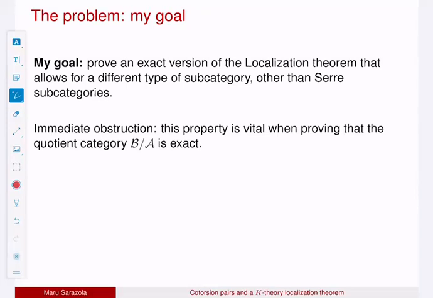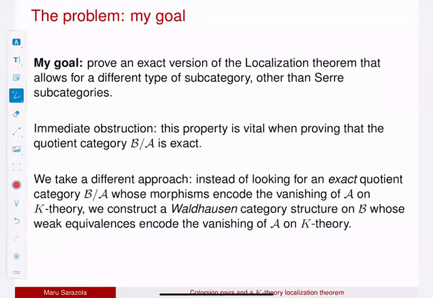So if you still want it to be the kind of category that you're working with, you really can't get away with not having this Serre condition. So what is the workaround? Well, we're going to take a different approach.